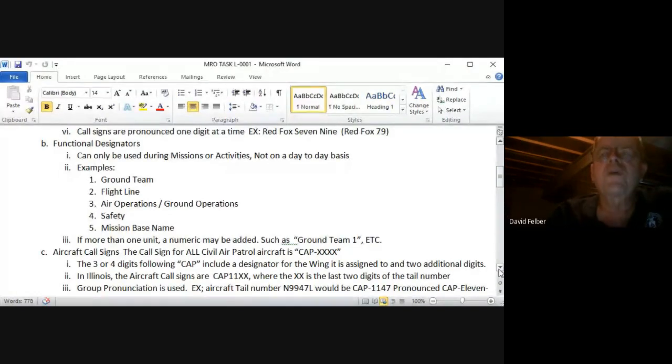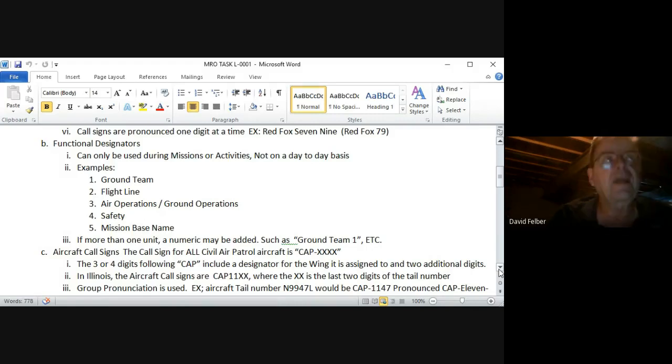Okay, next we're going to move on into functional call signs. During certain missions or activities, you can be assigned to use a functional call sign. They can be assigned by the incident commander, the comm unit leader, whoever's leading the activity. One-time use just for that day or for that mission or for that activity.